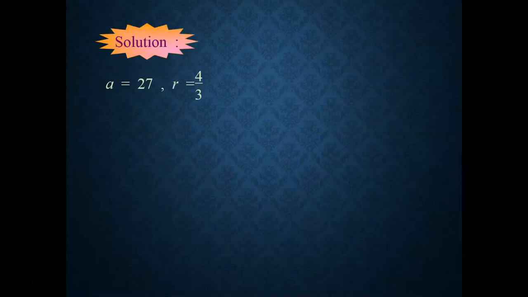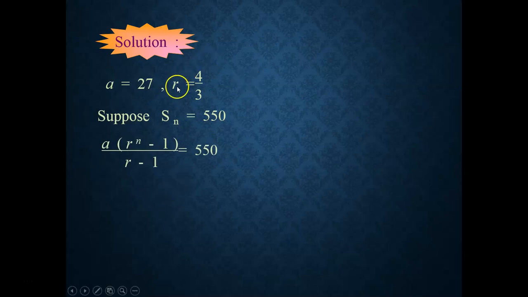You have that a is equal to 27, r is equal to 4 over 3, and your Sn is equal to 550, but you don't know what n is. And r here is more than 1, so we're going to use the formula with the r first, then minus 1. So this whole formula here is equal to 550 or about 550.